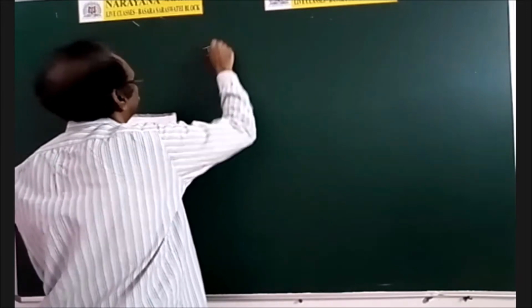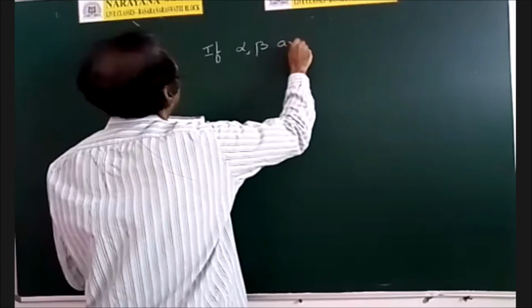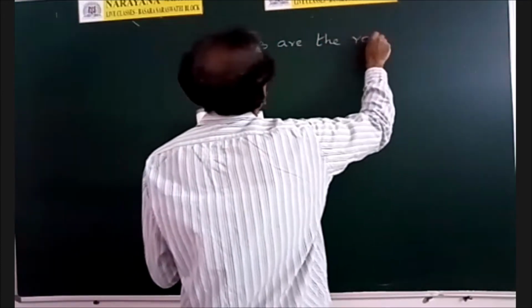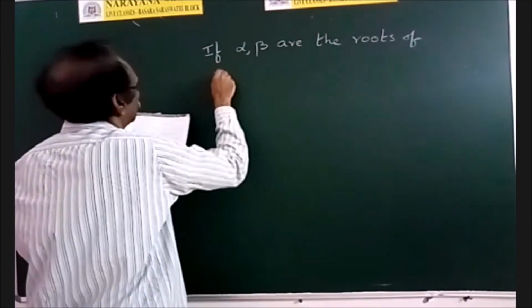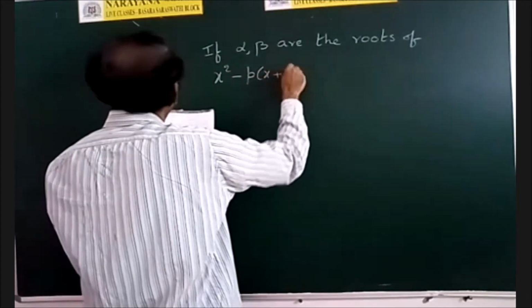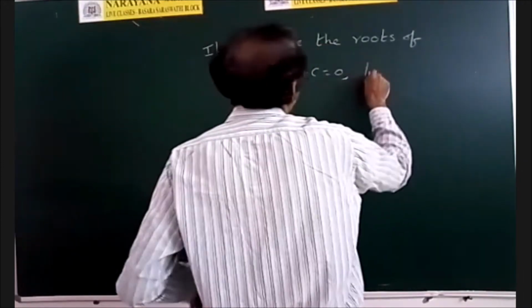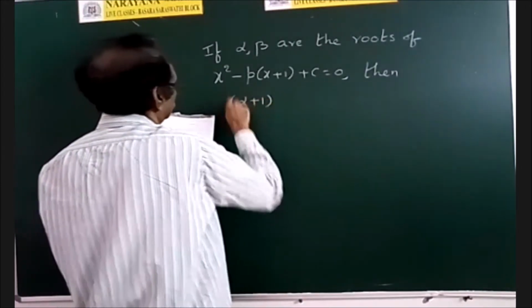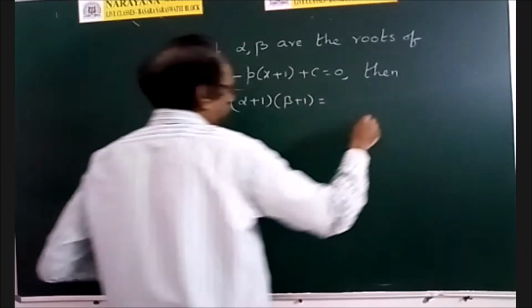If alpha, beta are the roots of x square minus p into x plus 1 plus c is equal to 0, then alpha plus 1 into beta plus 1 is equal to what?